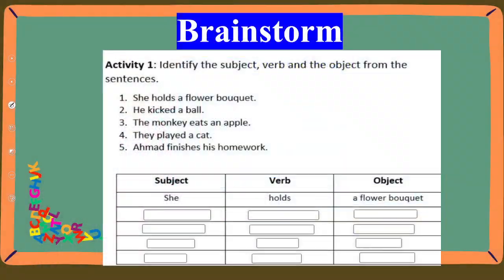So in this brainstorming session today, you have to identify the subject, verb, and object from the sentences. Let's understand the first one, which has already been done for you.